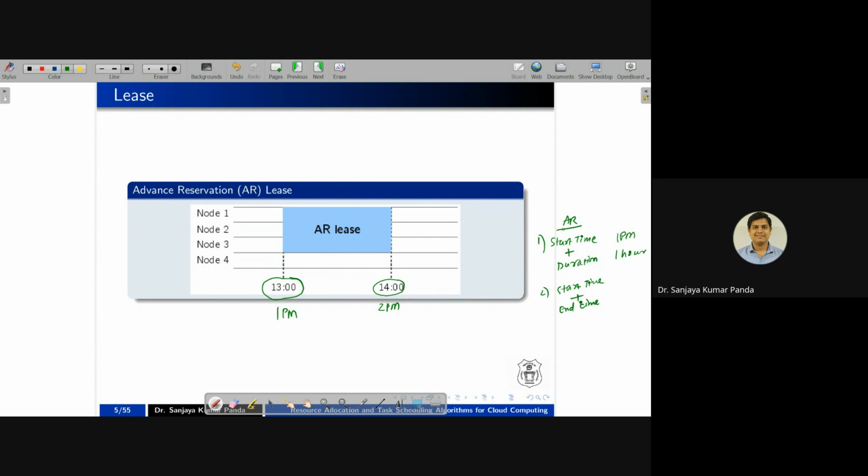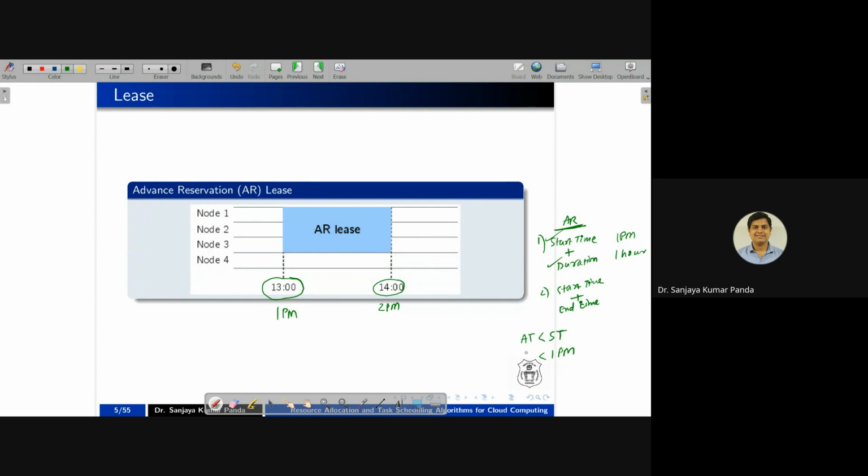So in order to submit an advance reservation lease, you must specify the start time and duration. And arrival time is always less than the start time. If the start time is 1 p.m., that indicates that your lease should arrive before that. Only then is it possible for any cloud service provider or lease provider to provide the resources.